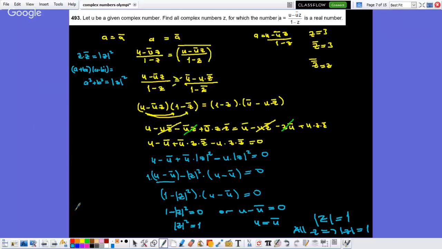I understand from the words "given complex number" that u is one number like a plus bi. If it is a complex number, it's not possible for it to be only a real part. That's why I skipped that case.